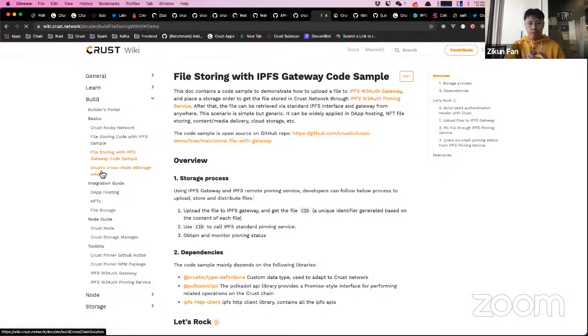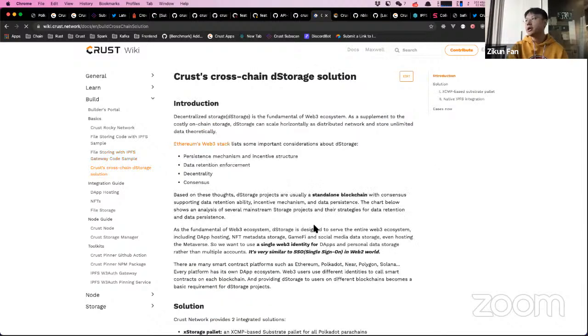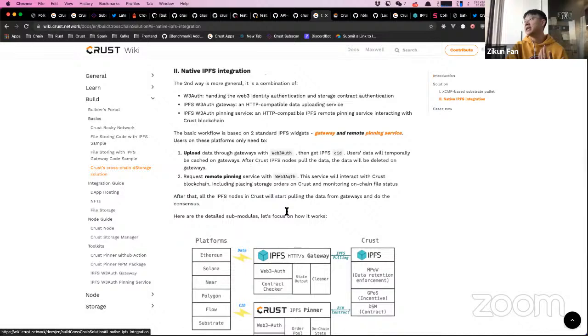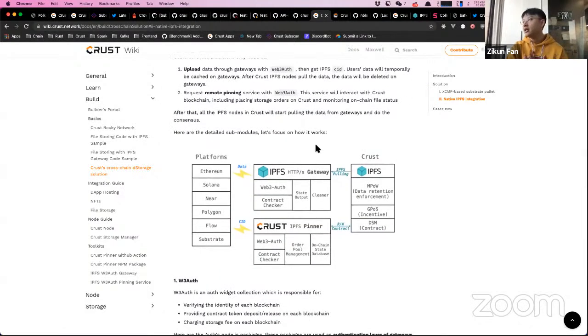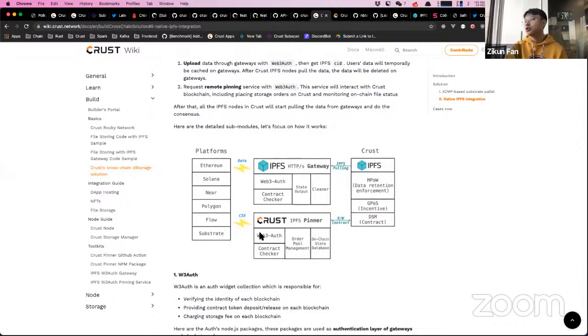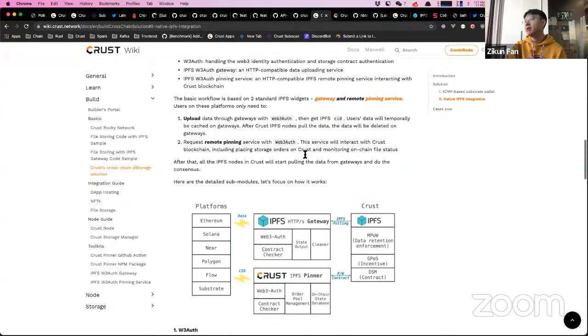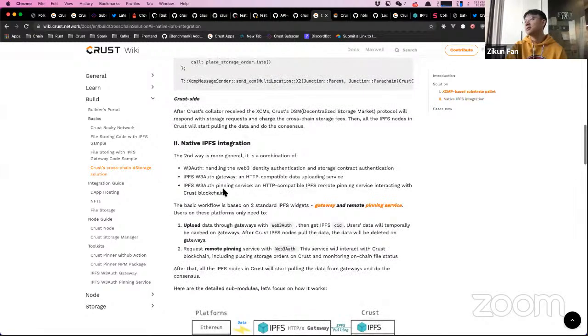And also we have the cross-chain decentralized solution. And also with Polygon, we are integrated with the native IPFS integration, a cross-chain decentralized storage solution, for those platforms that are not in the Polygon ecosystem.